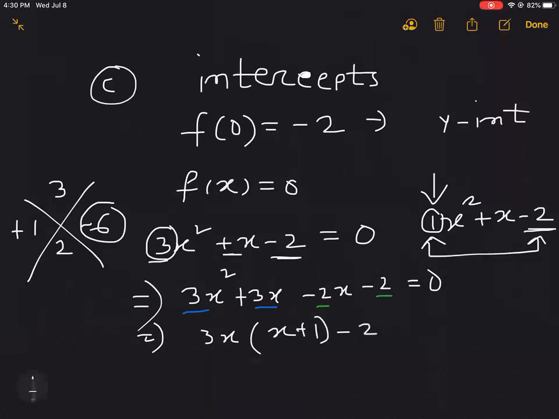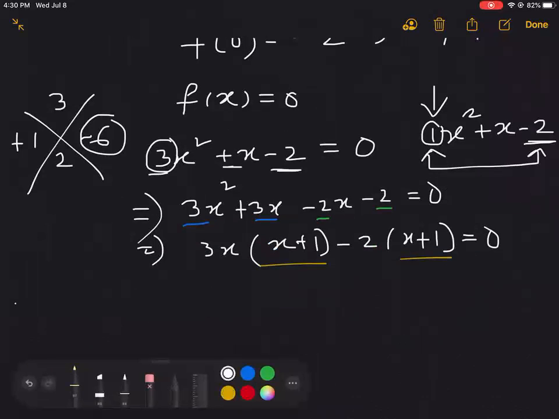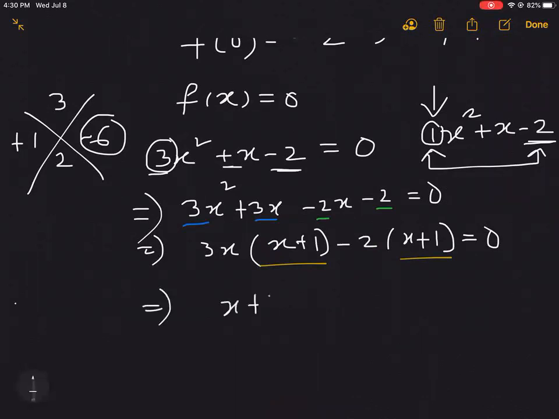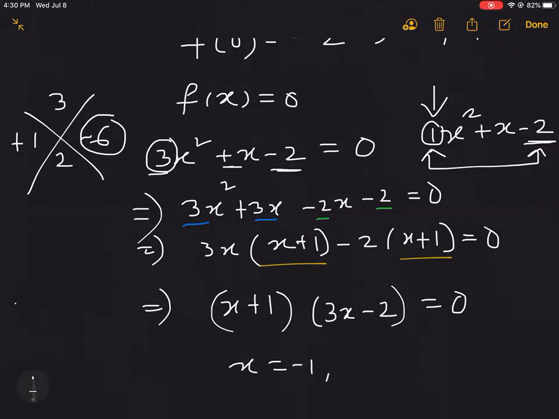It should be x plus 1, and now we can factor out x plus 1 from both of these terms. So x plus 1, 3x minus 2 equals 0. Okay, so x should be -1 and 2/3, right? Because if you solve it for x, you'll get a 2/3.